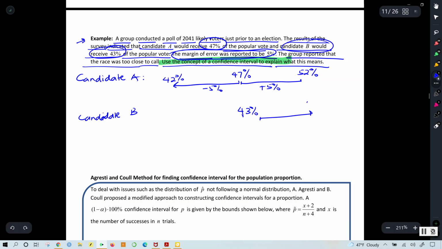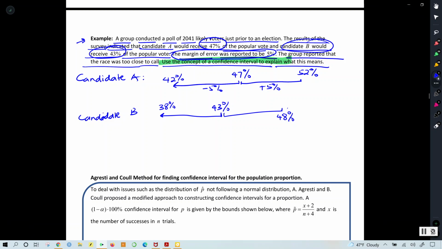So you have, let's do this way. Let's drag this a little bit, slide it down that way. So we have 43%, that takes us to 48%. And then for the margin of error of 5%, 43 minus 5, that takes us to 38%.